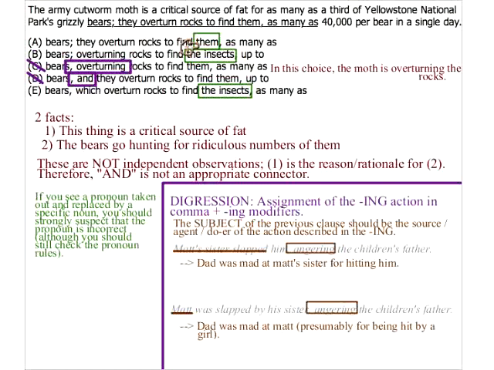So in A, you have a "them." Who is "them" supposed to be in choice A? It's what Karen was saying before when we were having the discussion about another topic. Who is this supposed to refer to?